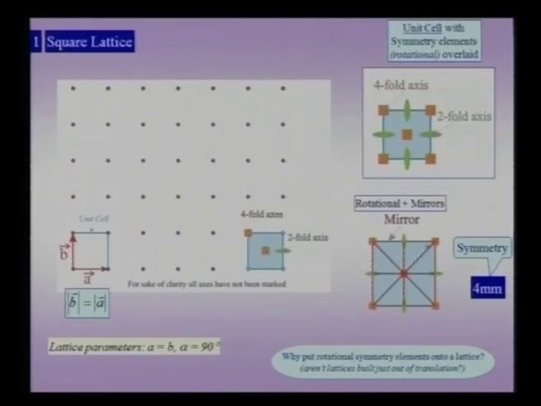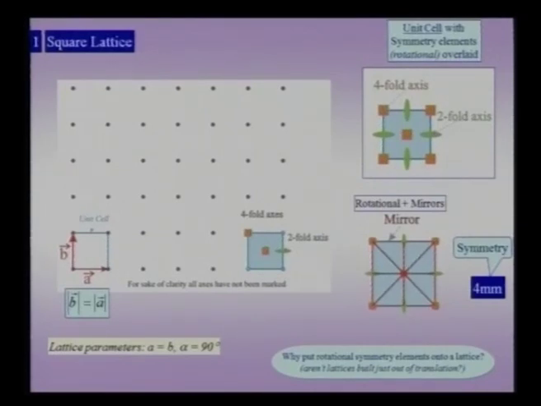Similarly, the one diagonal mirror plane will be taken by the 4-fold to the other diagonal mirror plane. The shorthand notation of describing this kind of symmetry combination is shown in the blue rectangle, which is nothing but 4mm, the 4 standing for the 4-fold axis, and the mm standing for M1, which is a vertical mirror, and M2, which is a diagonal mirror.